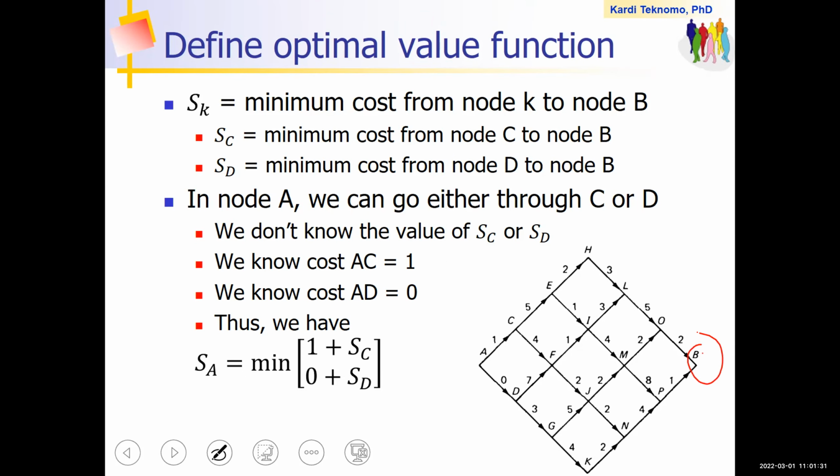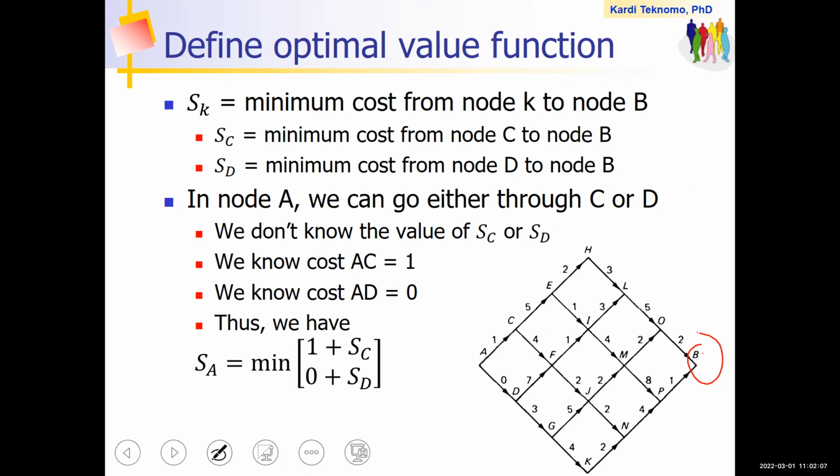So the minimum cost from any intermediate node K to node B. Okay, that's how you define the optimal value function, from any intermediate node to the goal node. Okay, so that is the function. So for example, SC, okay, that is the minimum cost from node C to node B. SD is from node D to node B.